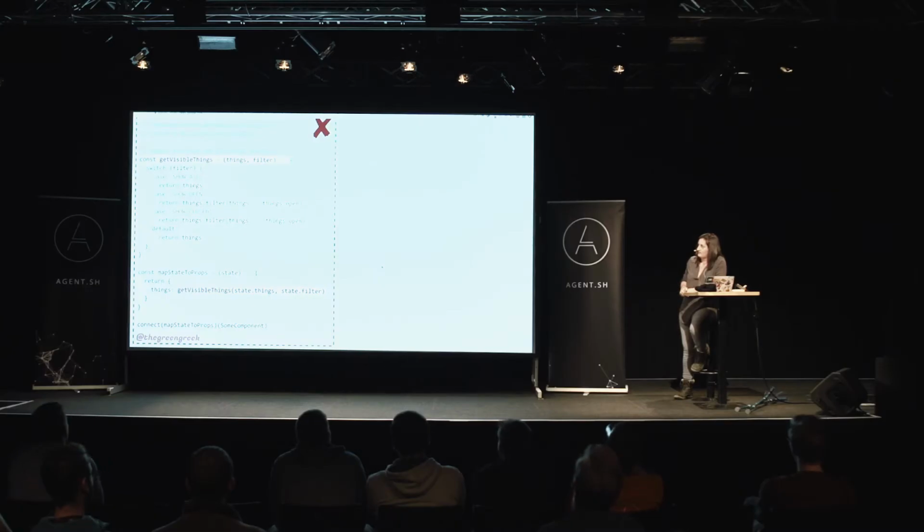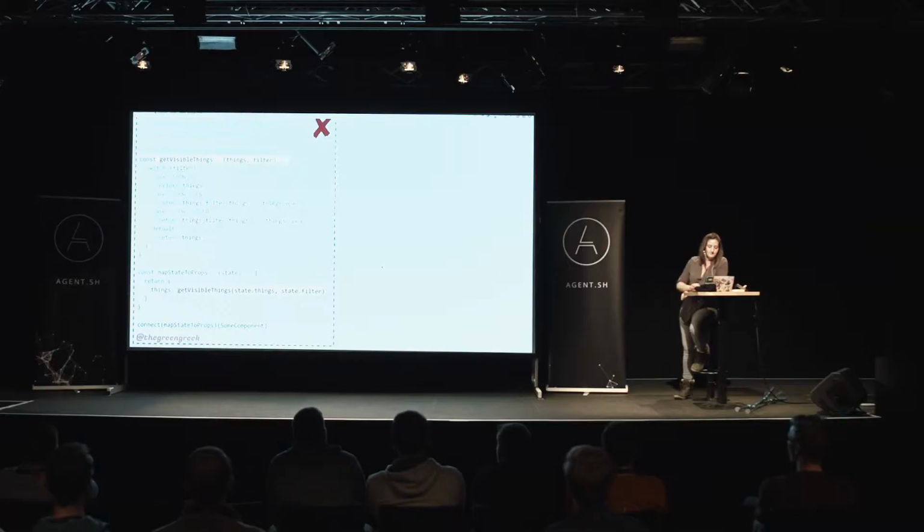I want to map state to props, and I want to pass a prop of items, but I want it to be based on a filter, like show all, or show open, or show closed. I have a function that takes that filter and gives me the correct items. But because I'm computing that, Redux is not going to recognize when those things haven't changed.